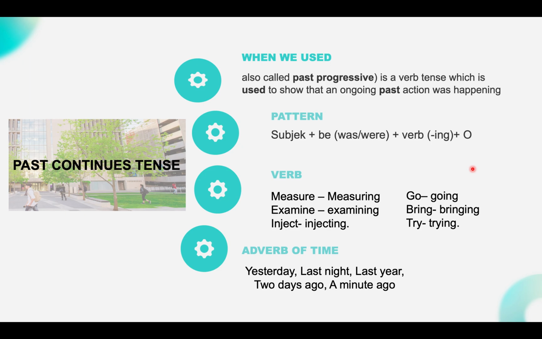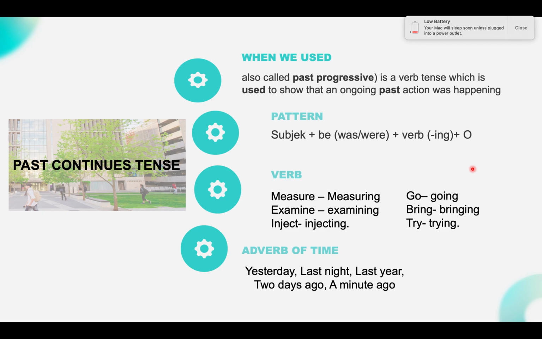Together we can read: measure, measuring; examine, examining; inject, injecting; go, going; bring, bringing; try, trying. The adverbs of time we can use are yesterday, last night, last year, 2 days ago, a minute ago.